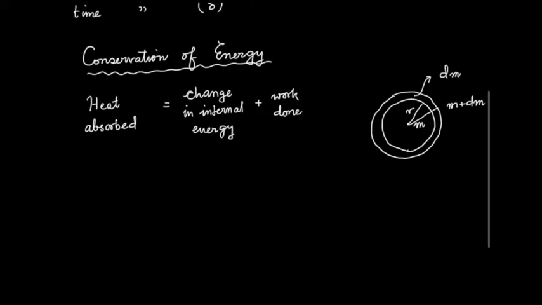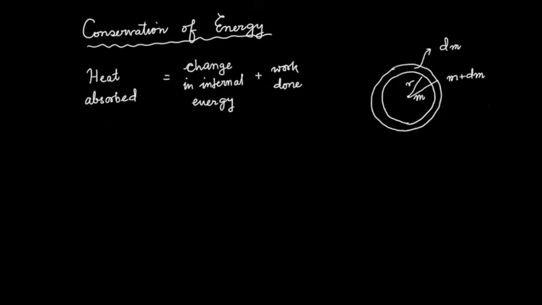So I have to define certain things. So let us do that. The internal energy per unit mass of the star, I call small u.